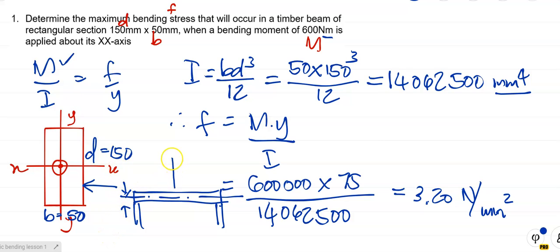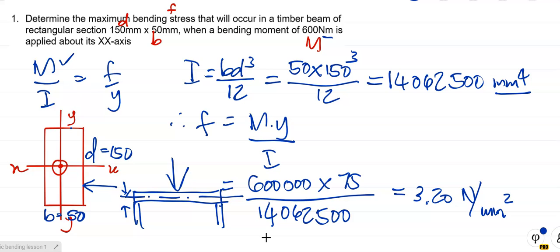There's the load sitting over there. So the stresses in the furthermost fibers in tension and bending, top and bottom, will be 3.20 newtons per millimeter squared. So people, that is how we did the first example, using the theory of elastic bending formula to work out the stresses in the fibers.